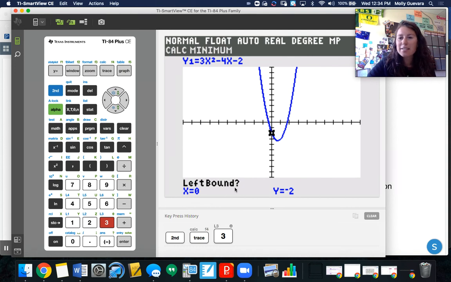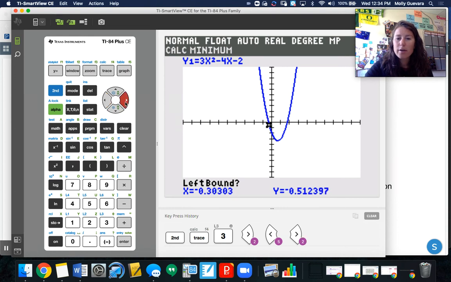And what that's asking you is, hey, will you put a boundary on this so that I don't go any further left than it? My calculator doesn't want to go like up here or whatever, right? Just give me a point anywhere that's to the left of what you want me to find. So it can be there, it can be here, right? Anywhere that's to the left of your minimum.